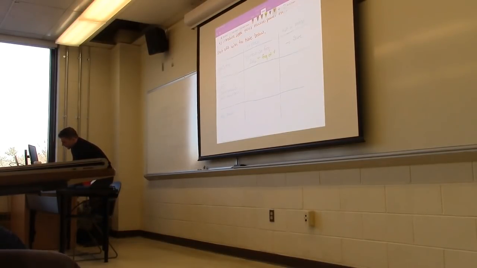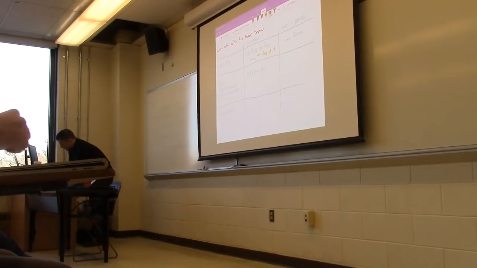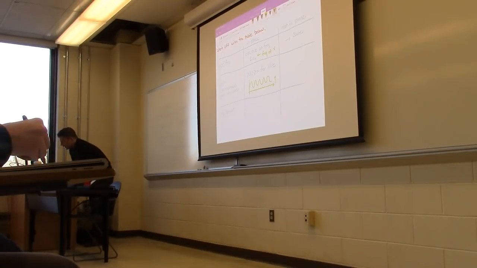Instantaneous power is going to be greater than 0 for all t. So if I were to imagine what this looked like, it will look like this. Greater than 0. Okay?